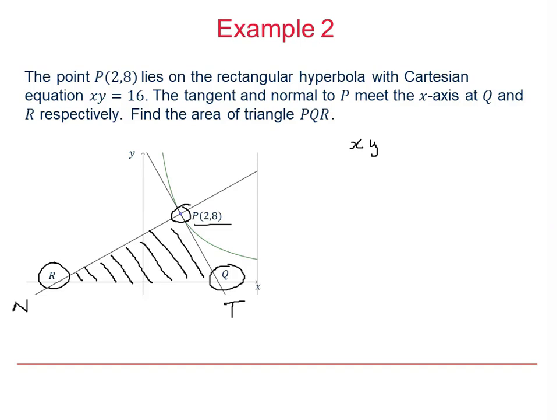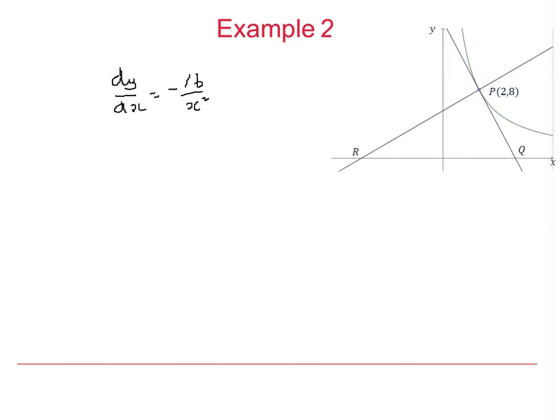So using the equation xy is equal to 16, as we said before, that would mean that y is equal to 16 over x. And we can differentiate that to give dy by dx is equal to negative 16 over x squared. Given that equation for the derivative, that means that the gradient of the tangent at P, mt, will be equal to negative 16 over 2 squared, so that's negative 4.